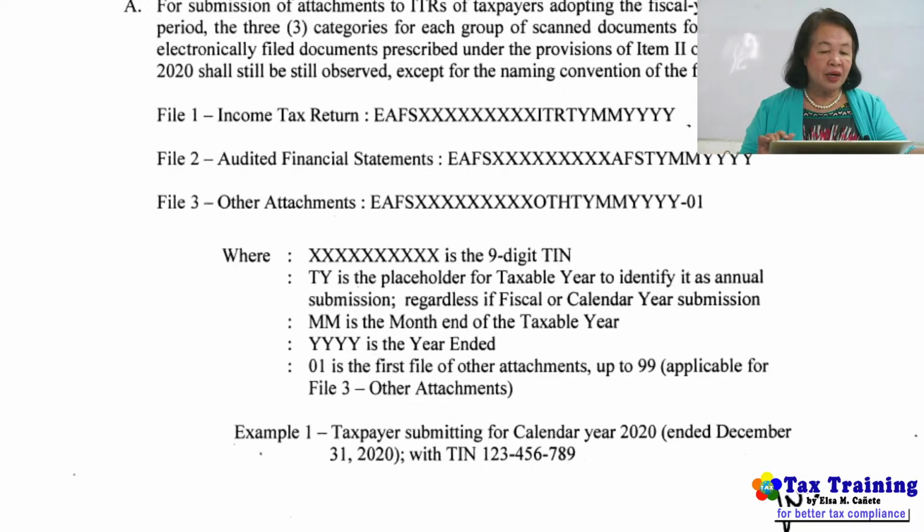That is why the first item in the naming convention is the TIN, the tax identification number, because the TIN is very crucial in taxation. That is where matching is done. We have what is called the withholding tax reconciliation system: all the data gathered from the withholding, between the payer and the payee, both reported to the BIR, are matched. If there are discrepancies, you will be sent a letter notice requiring you to reconcile all the discrepancies found by the computer.